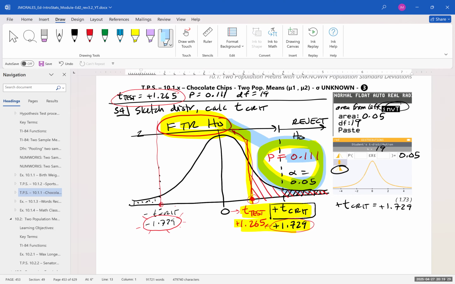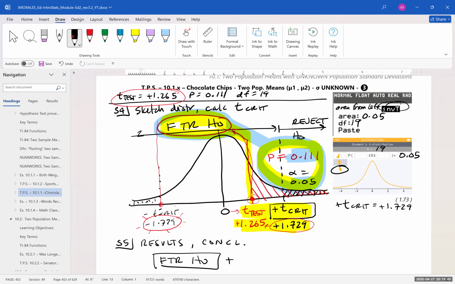So that is pointing towards failing to reject the null also. So step 5 is to write down our results and form our conclusion. So we ended up failing to reject the null. And I believe the alternate, if you look on the previous page, the alternate hypothesis was our original claim.